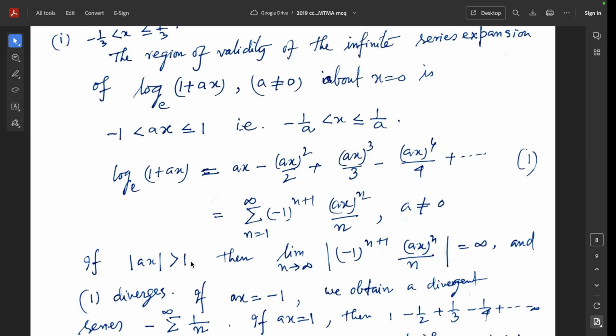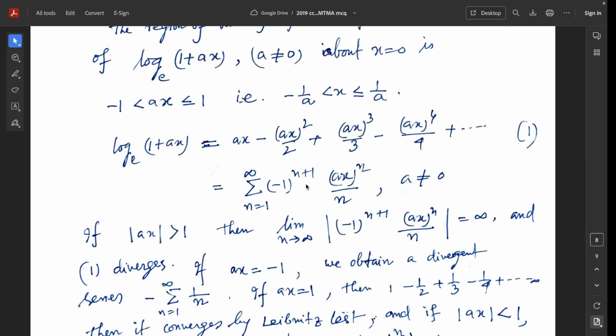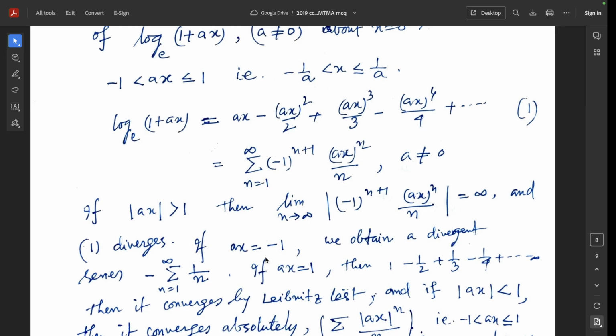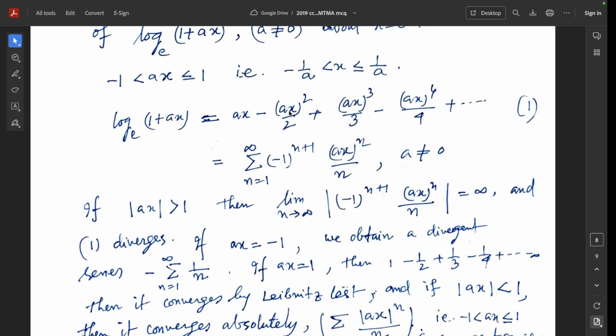If mod of ax is greater than 1, the limit tends to infinity and the series diverges. If ax equals minus 1, we get a divergent series: putting ax equal to minus 1, we get minus 1 by n series, minus 1 minus half minus 1 by 3.